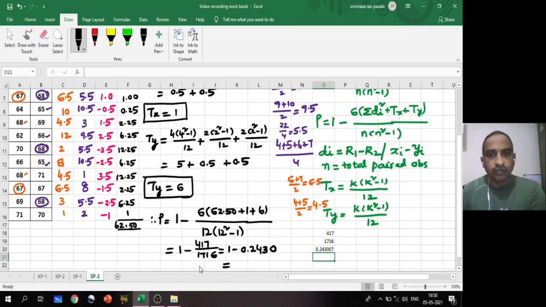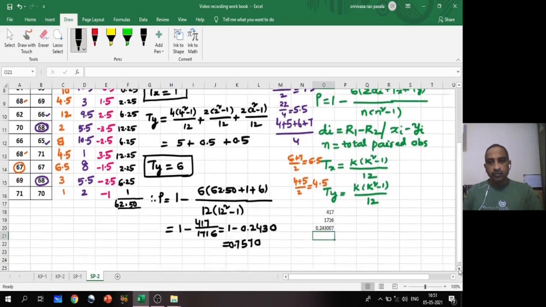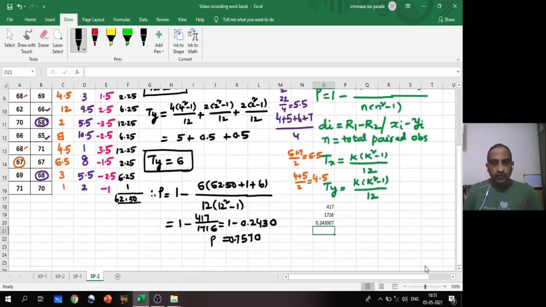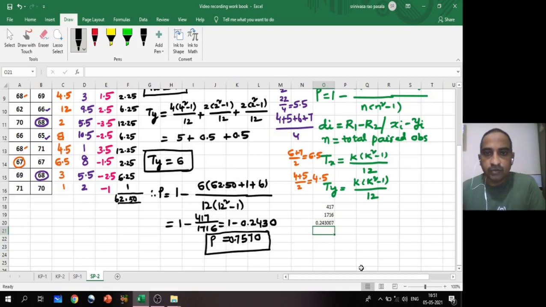So 1 minus 0.2430: the last number is 0, so 10 minus 0 is 10, 9 minus 3 is 6... the value is 0.7570. So ultimately the rho value equals 0.7570. Now how can we interpret this value?